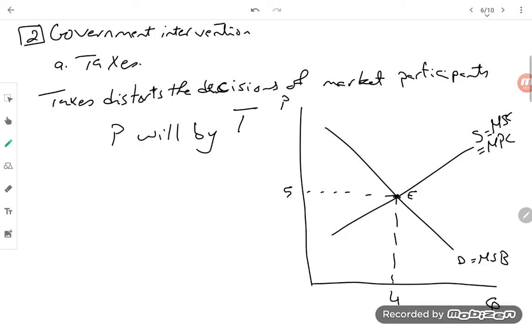Now let's assume that the government is going to impose taxes on the supplier. As a result, supply is going to decrease and the supply curve will shift to the left.